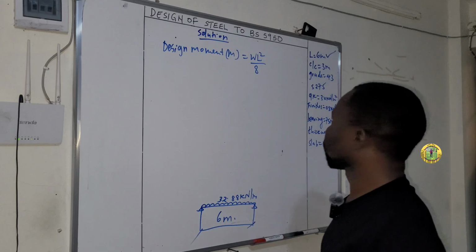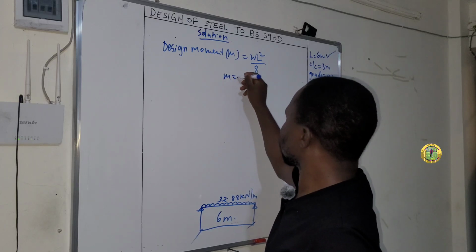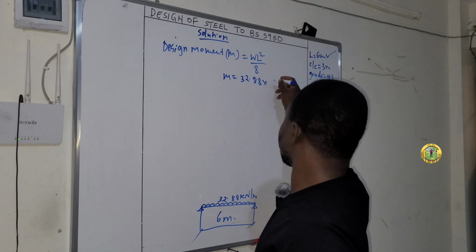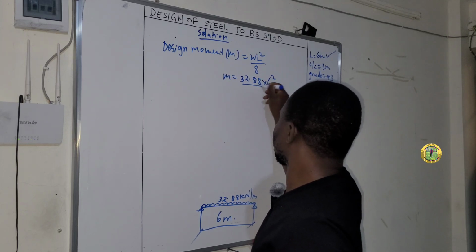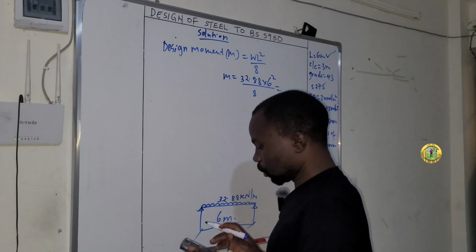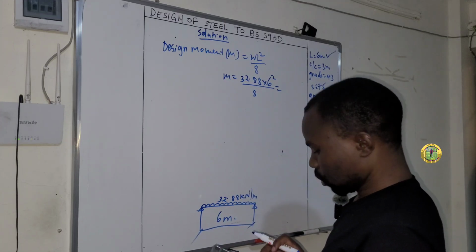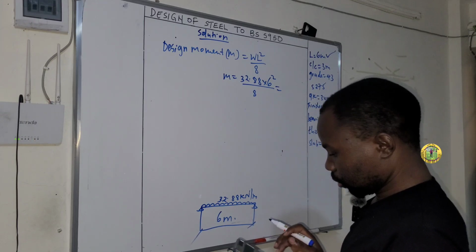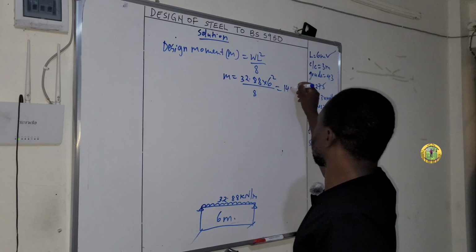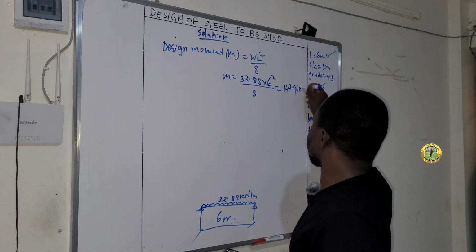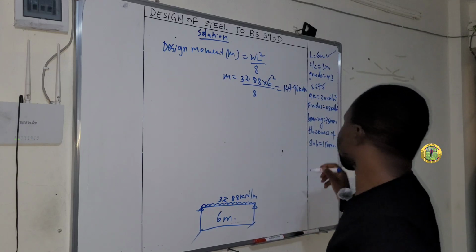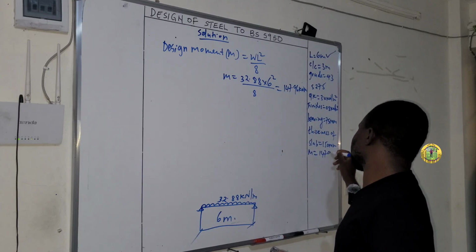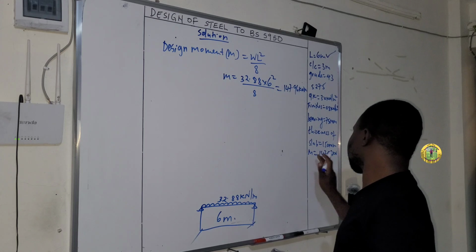So M is equal to W, which is 32.88, times L, which is 6 square over 8. So this one is equal to 147.96 kilonewton meter. So you'll come here and say M is equal to 147.96 kilonewton meter.